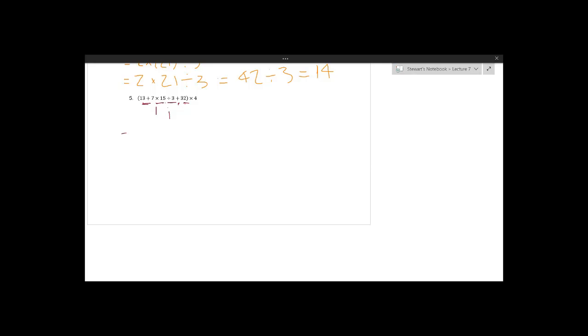So first, to simplify, we have in these parentheses 13 plus 7 times 15. Well, over here we can do that. 15 times 7, that's 35, so the 3 gets carried up here. 7 times 1 is 7 plus 3 is 10, so we have 105.